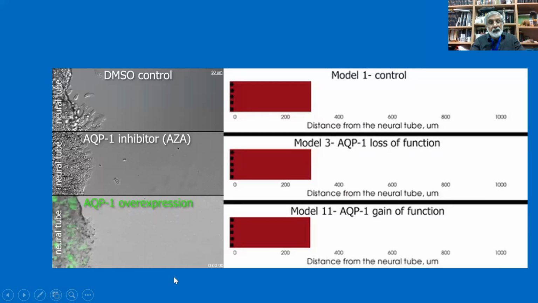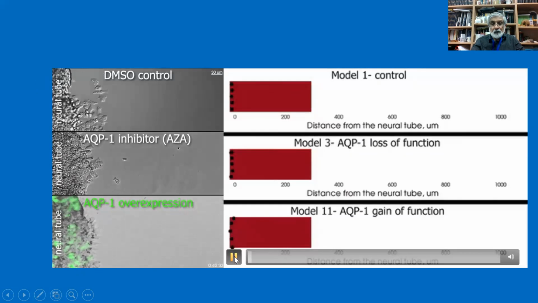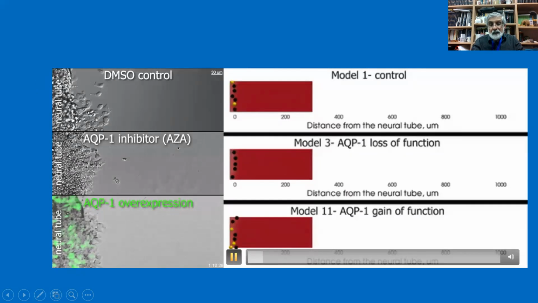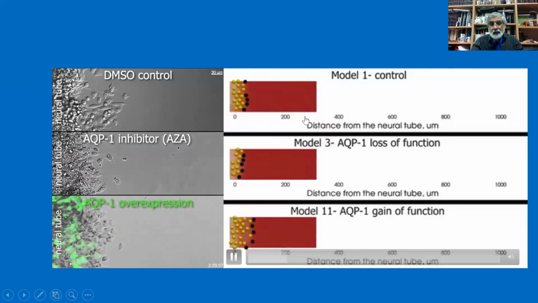Right, that's it. Okay, so what they did now, so here's the neural tube, here's the cells, here's normal, here's where they inhibit the aquaporin, here's where they enhance aquaporin, here's the model where we do the same thing. And so the black cells, they're the leaders, the yellow cells are the followers.